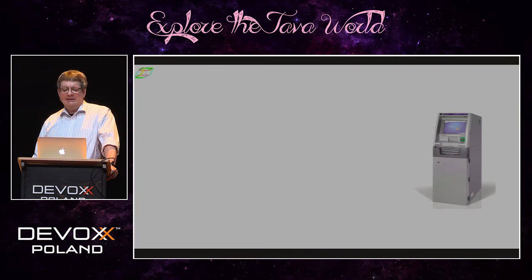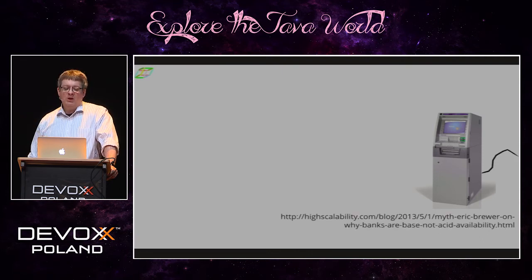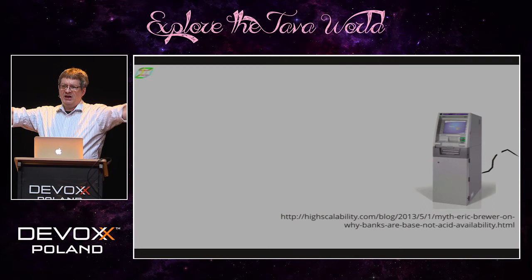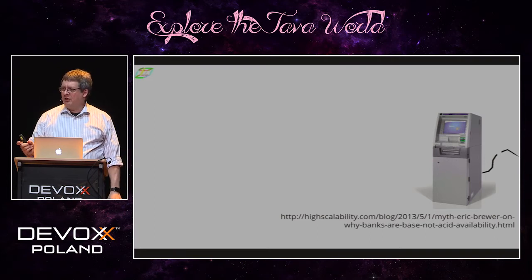But no ATM in the world does what we would call a two-phase commit, for two reasons. One is they're all designed to work in offline mode in case their connection to the mothership gets broken. They can still operate, and they do auditing and reconciliation at the end of the day to fix things. But the more practical reason is that no one wants to stand at an ATM for 8 or 10 minutes while your bank stops the entire universe to take your $20 out of your account and then restarts the entire universe around it.